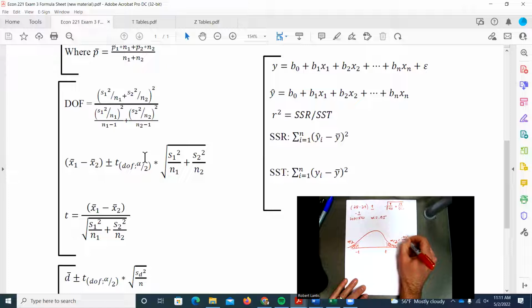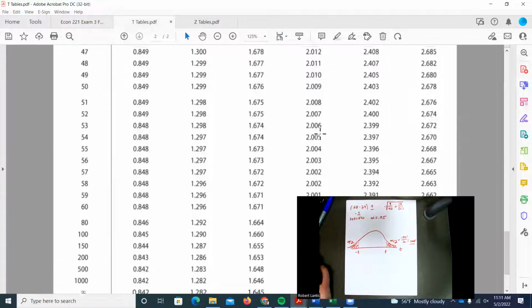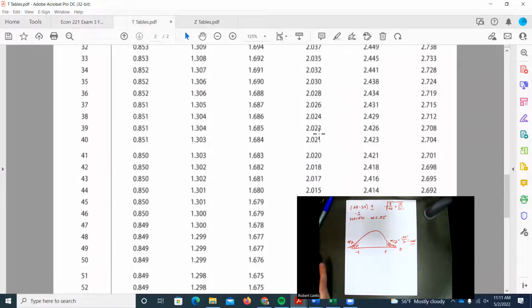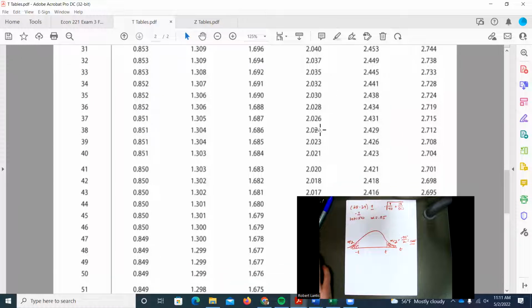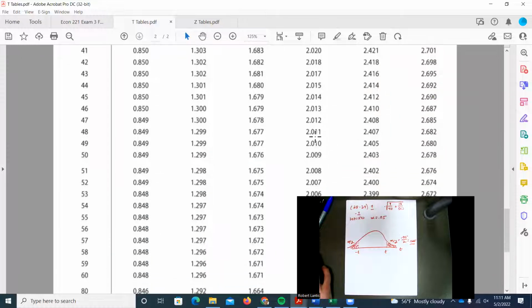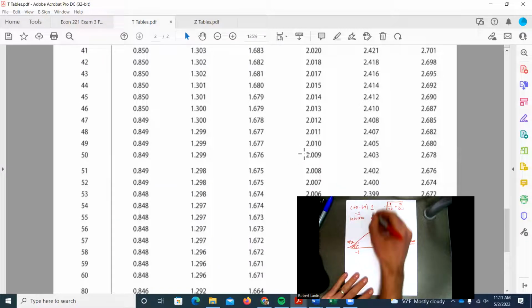So 0.05 over 2 is 0.025 at a degrees of freedom of 50. So go to my student T table. The area that I wanted on each side was 0.025. And I'm going to scroll down in this column to my degrees of freedom of 50. So the last thing that I needed, I now have.